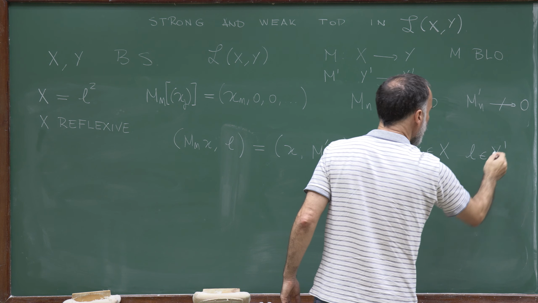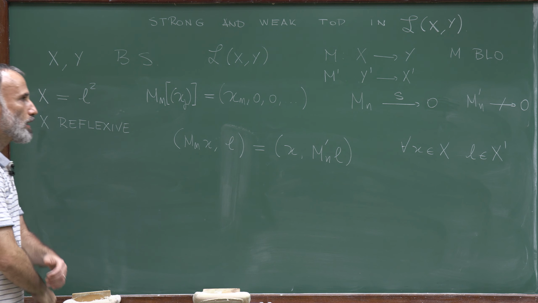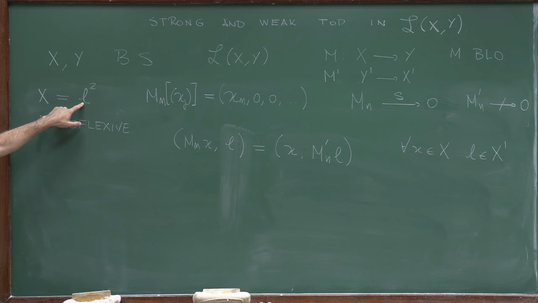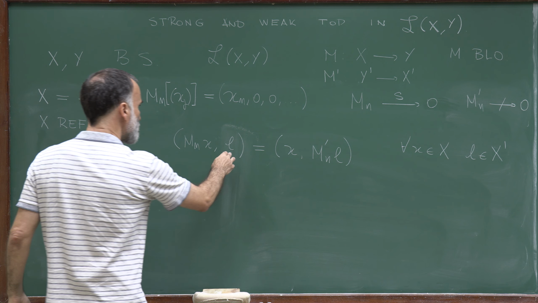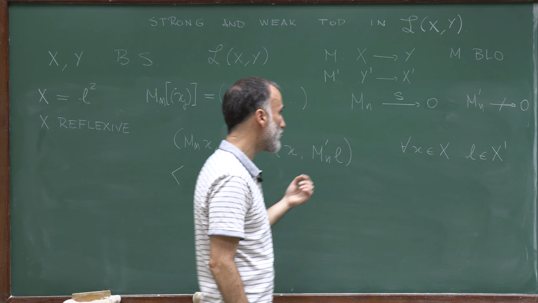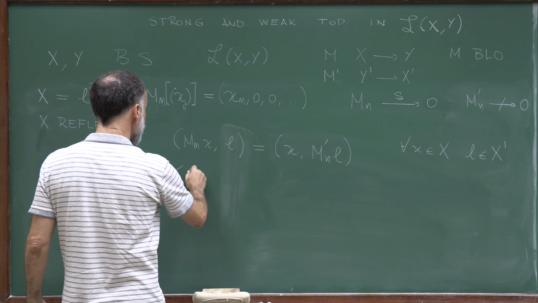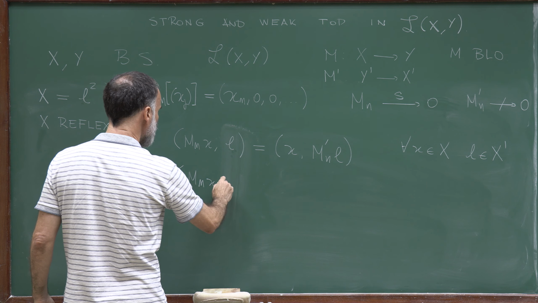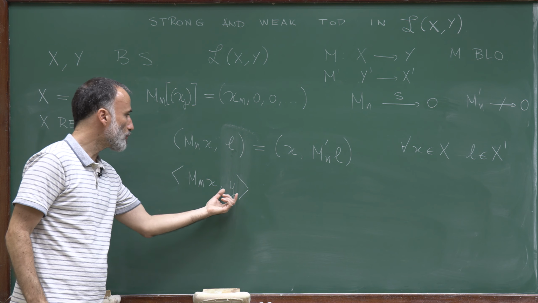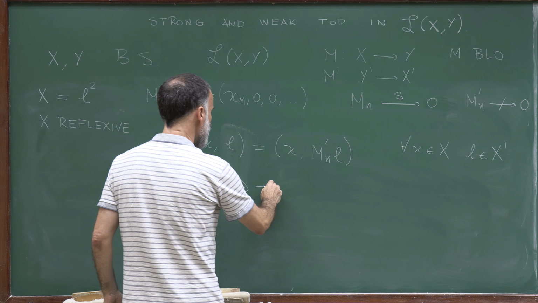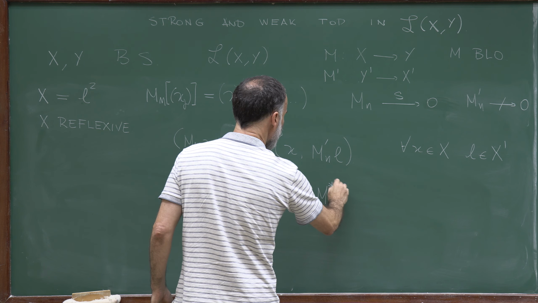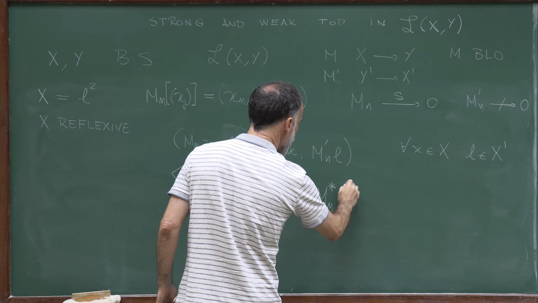But now Y is equal to X, so L belongs to X prime. And we know that X is a Hilbert space, so we can identify X prime with X. And this identity becomes the scalar product of Mn x with a point y in X, and this is equal to the scalar product of x with Mn star y.